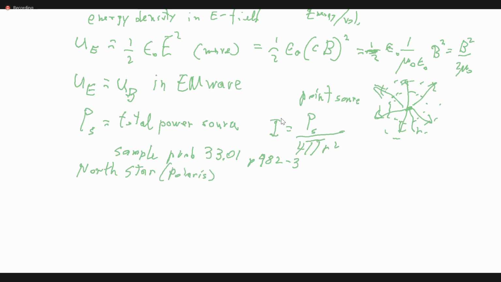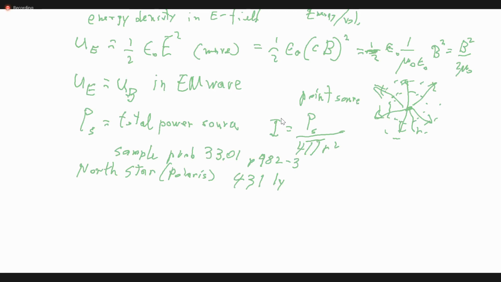We know the North Star is 431 light years away, and a light year is about 6 trillion miles. You can look up the numbers and convert. We also know that Polaris is pretty bright.